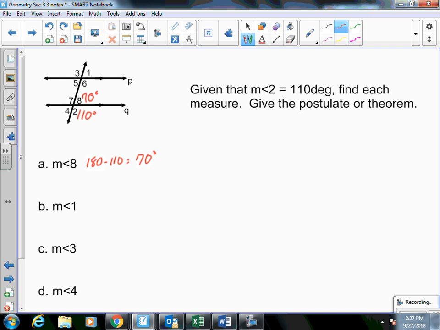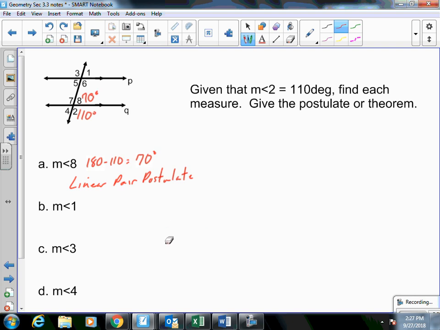Anybody know what postulate or theorem it is that tells us that they're supplementary? The linear pair postulate. Right? 2 and 8 are adjacent angles whose non-common sides form a straight line, so they're a linear pair, and the linear pair postulate tells us that they have to be supplementary if they're a linear pair.